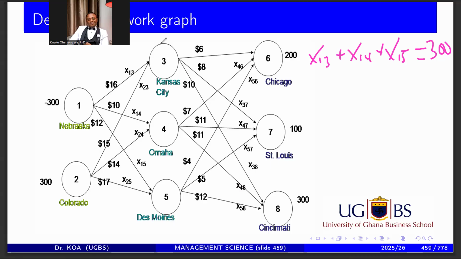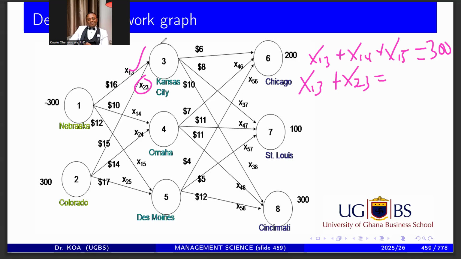So how many arcs are coming to it? If you check here, you see that x13 is coming into it, plus you go to the next one, x23 is coming into it. And this should be equal to what is leaving it.